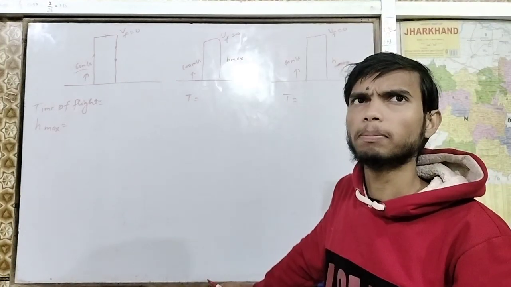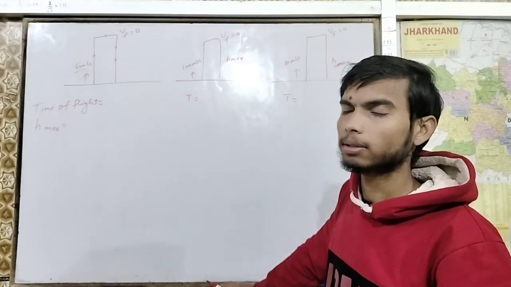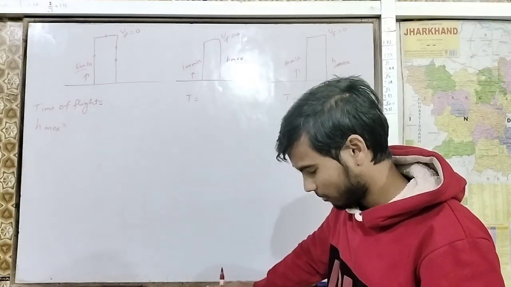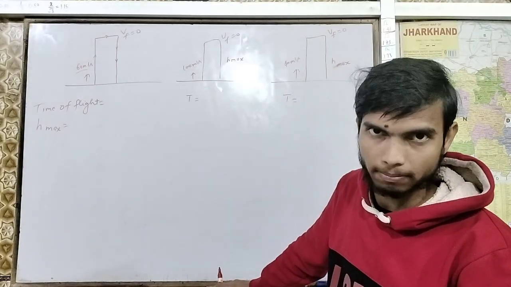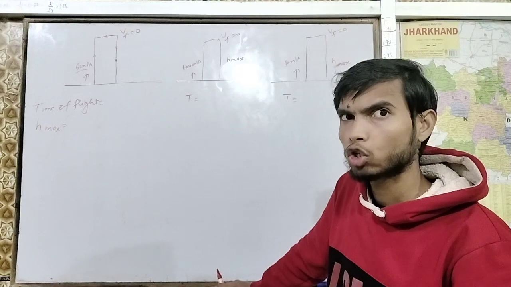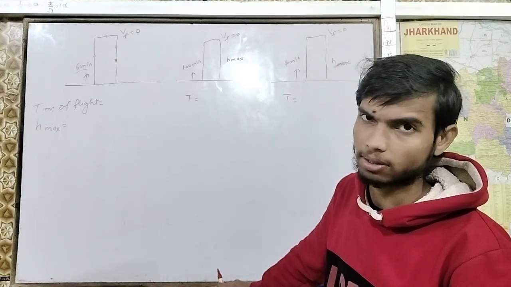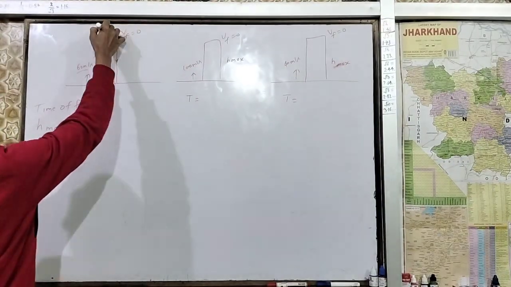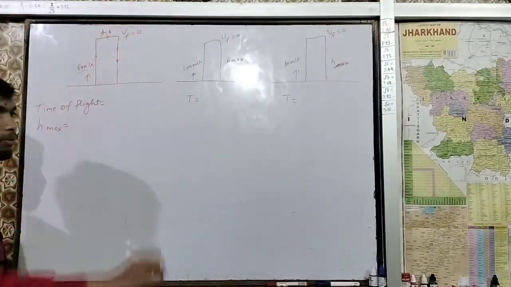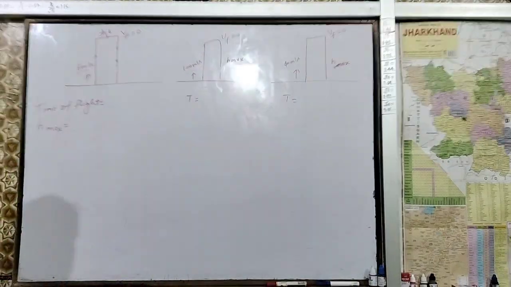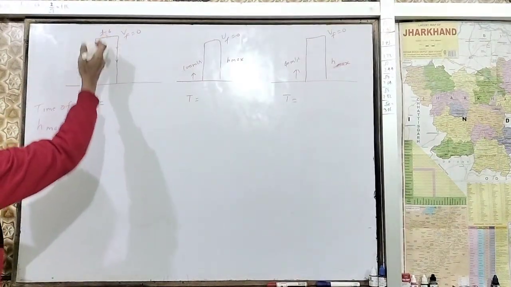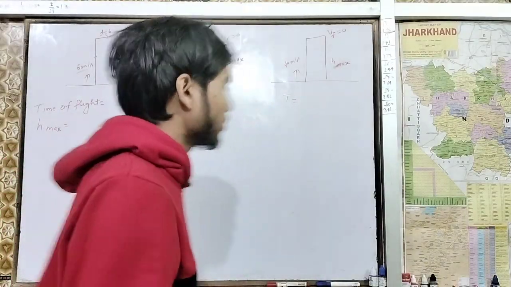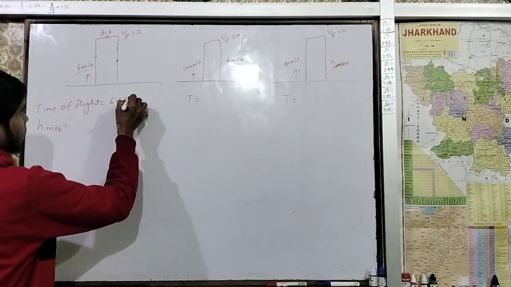Will velocity become 0 at 6 seconds? 6 multiplied by 10, where 10 is the acceleration, is 60. 60 minus 60, yes. So at 6 seconds velocity is becoming 0. So this is half, and the complete time of flight would be 6 plus 6, 12.